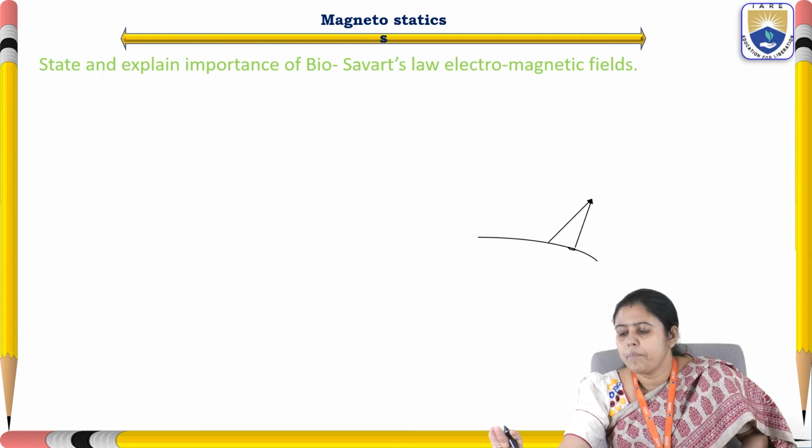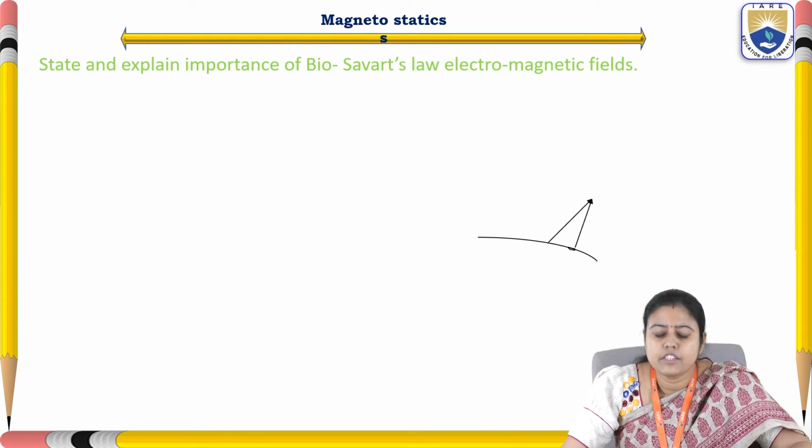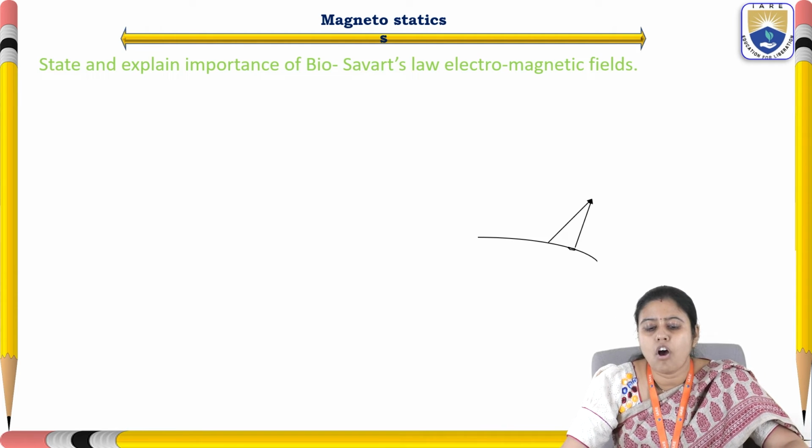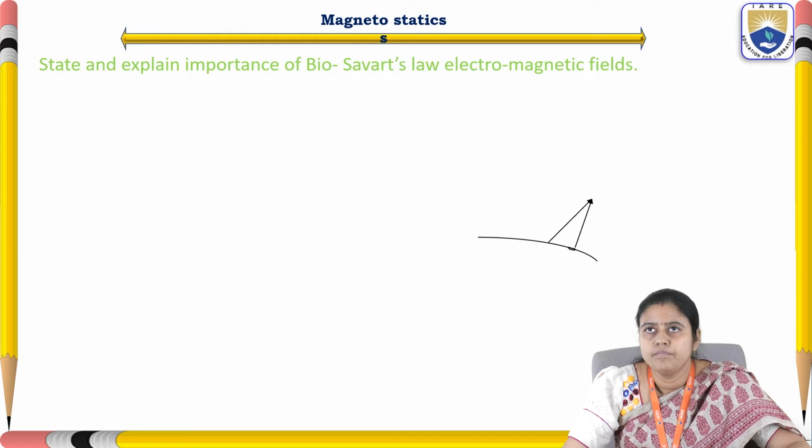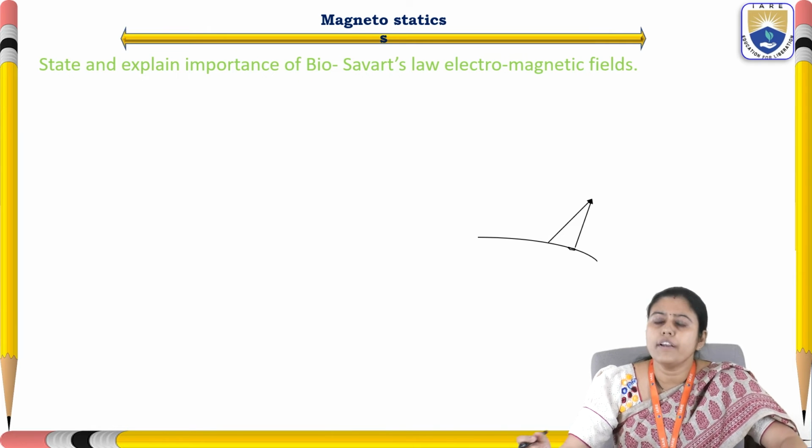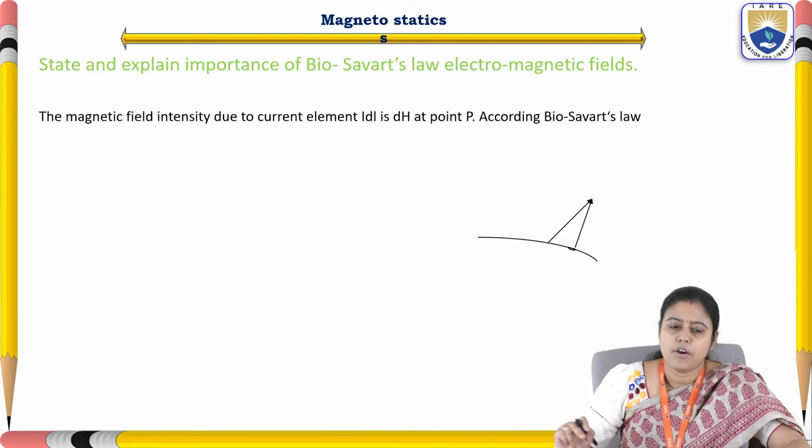The next important topic is to state and explain the importance of Biot-Savart's Law. As I told in slide 2, electromagnetism is based on two laws. One is Biot-Savart's Law, another one is Ampere's circuital law. The first one is Biot-Savart's Law.